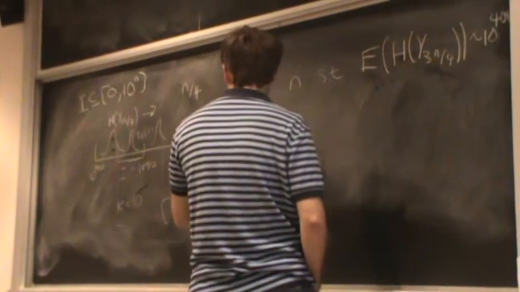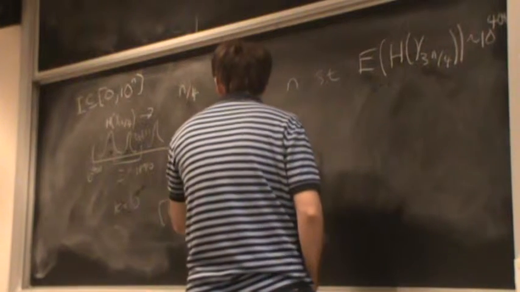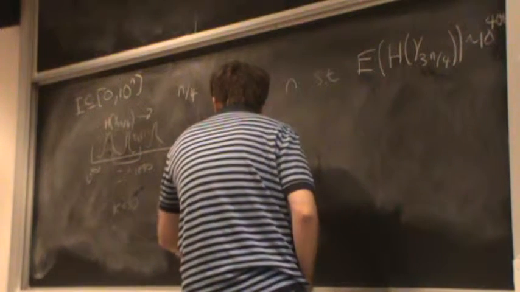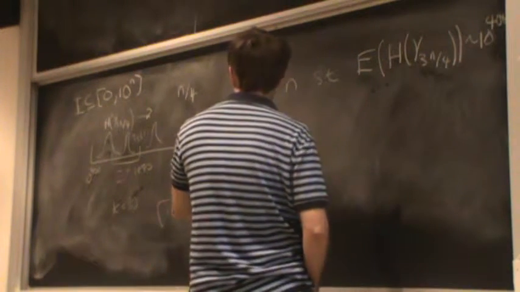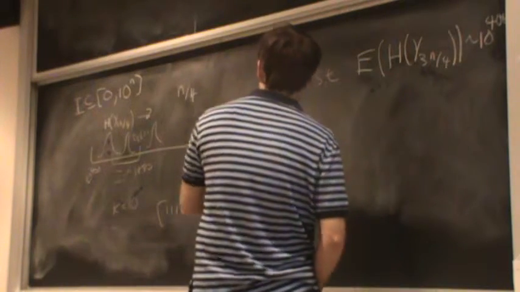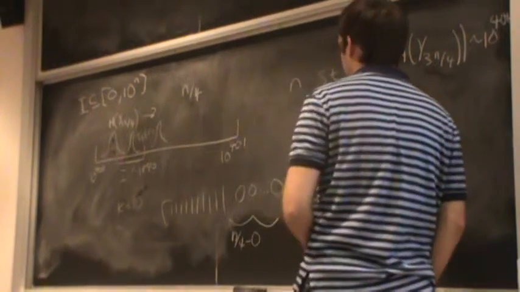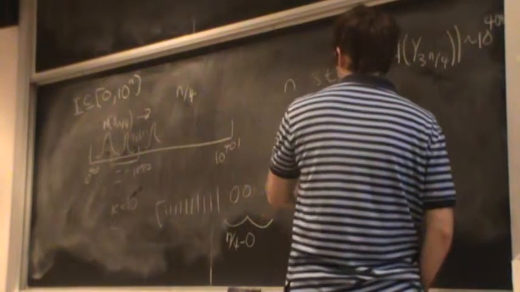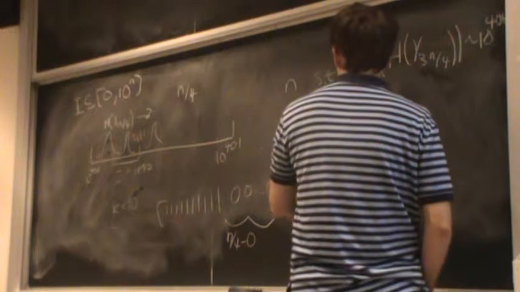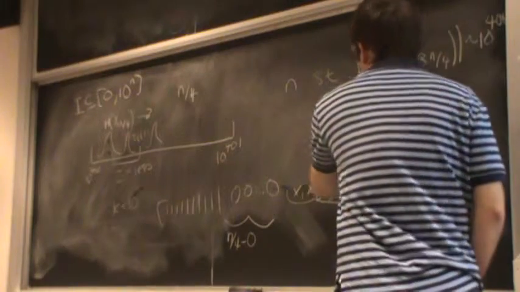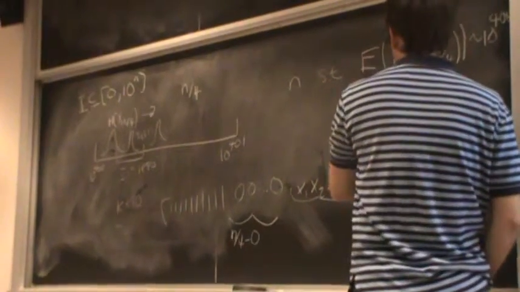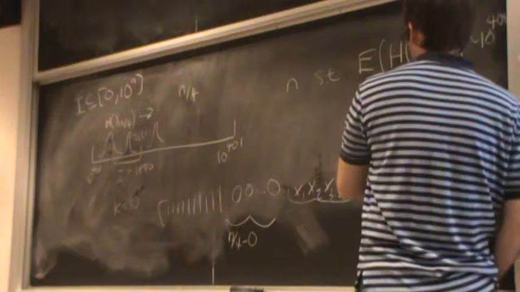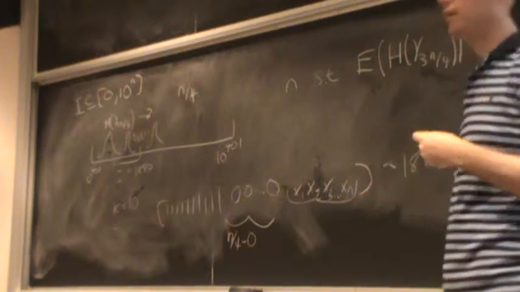And then I'm going to have n over 4 minus 10 zeros. And then the rest of the numbers are just random. So I'm considering this interval of integers. What it means is about 18% of these numbers will be happy.